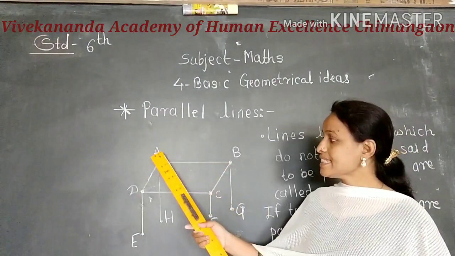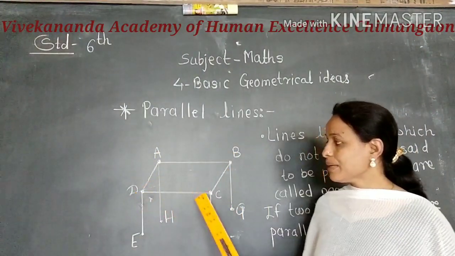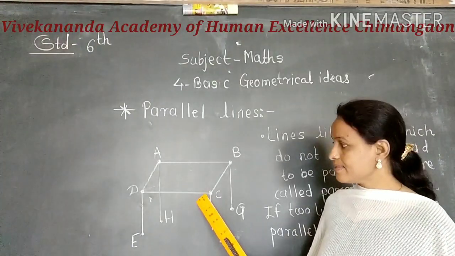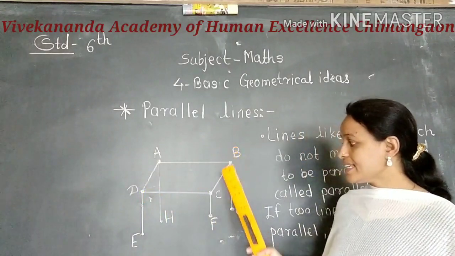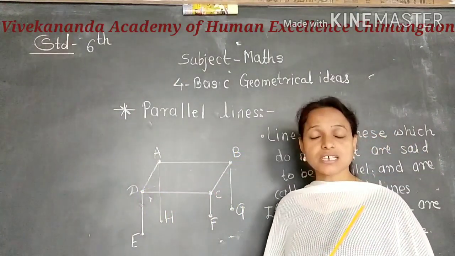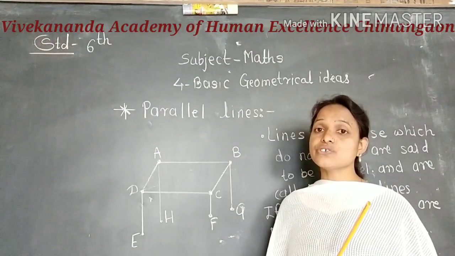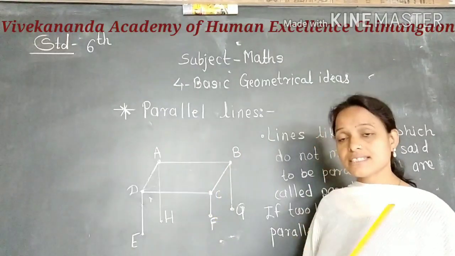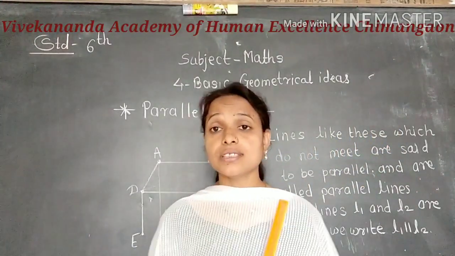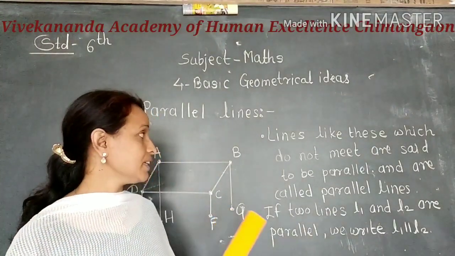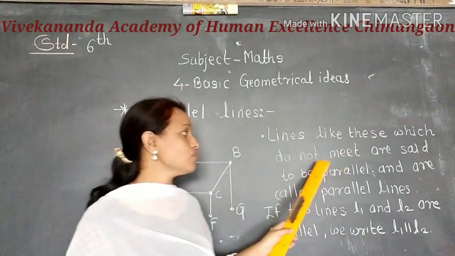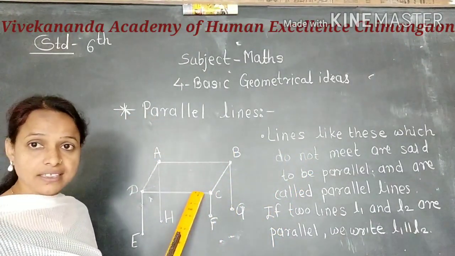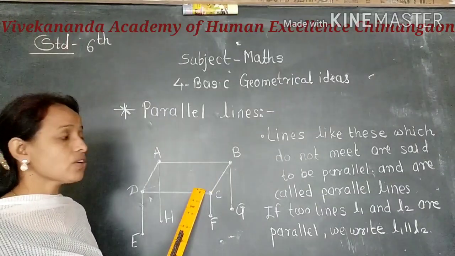This pair of line segments does not intersect each other, even if they are extended further. So for these pairs of line segments, lines like this which do not meet, they do not meet each other.